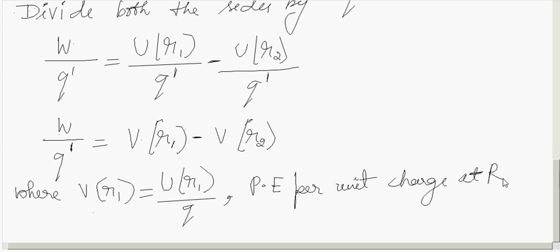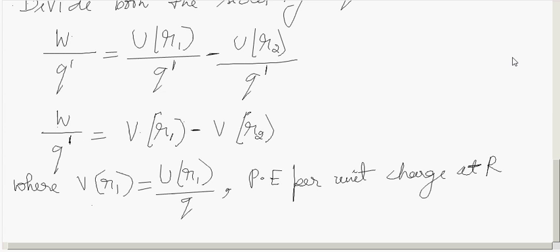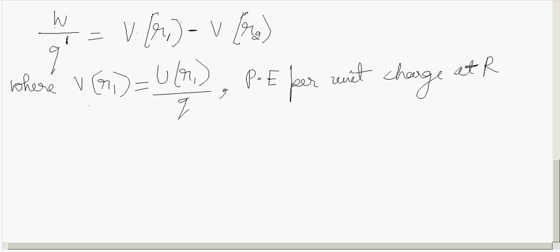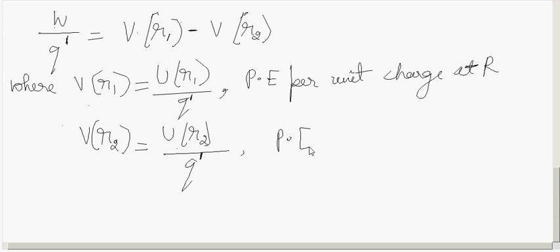Similarly, V of R2 is U of R2 divided by Q dash, which is also potential energy per unit charge at S. Now V of R1 and V of R2 are the potentials at points R and S respectively.